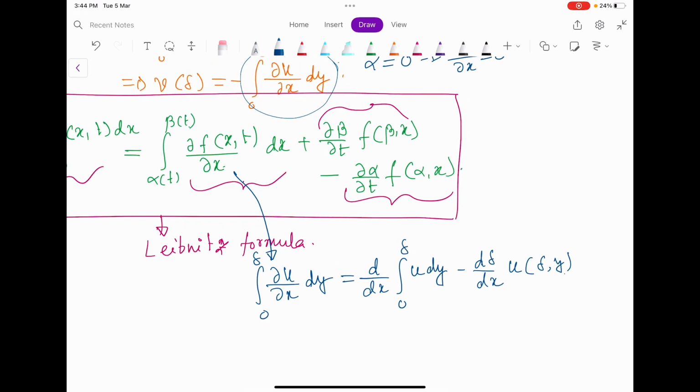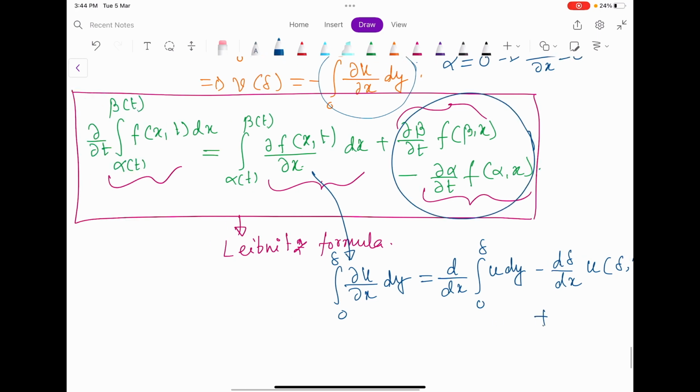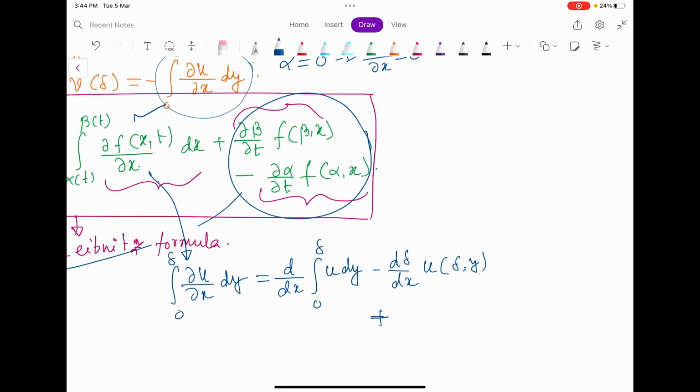Because u is a function of x and y both, and instead of x I am putting delta. Minus, or plus, because I have to put these terms on this side to get the value of this. So this will be plus, sorry, plus d of alpha, which is d of 0 dx, and whatever this be, u of 0 comma y.